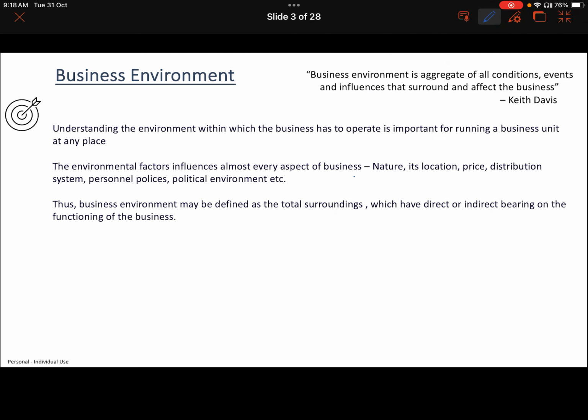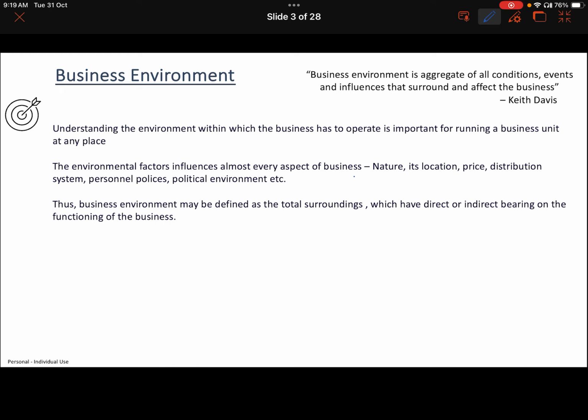Okay. So environmental factors will influence every aspect of business. Because when you select any location for your business, you will consider all these factors. When you fix the price of the product, when you select your distribution mechanism, every aspect of the business is impacted by the environment.